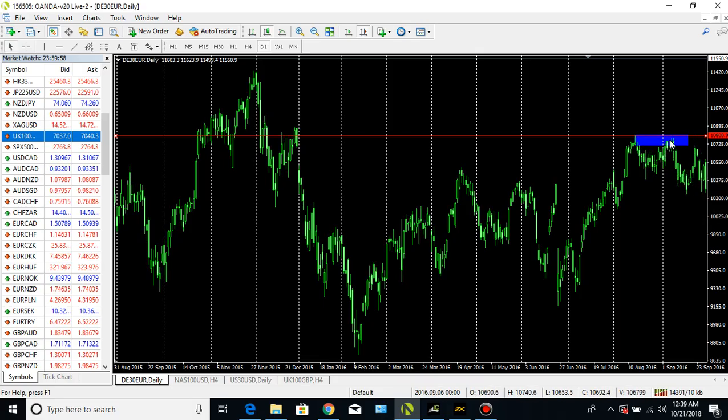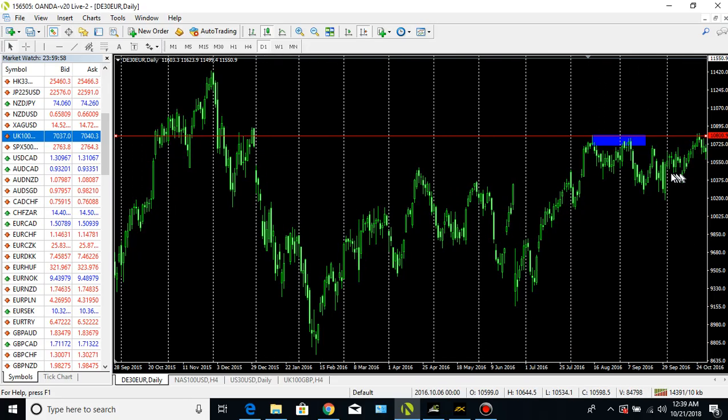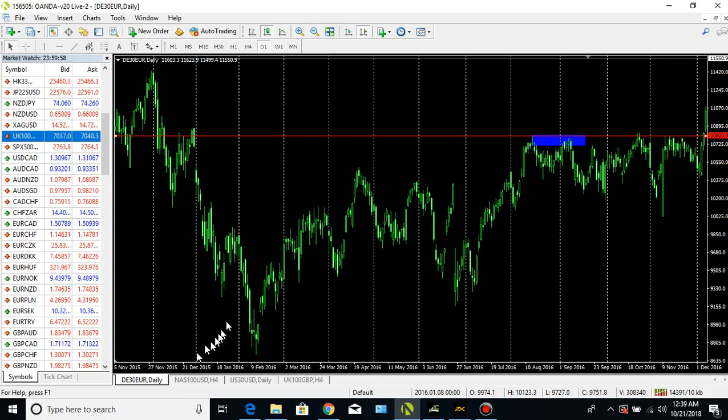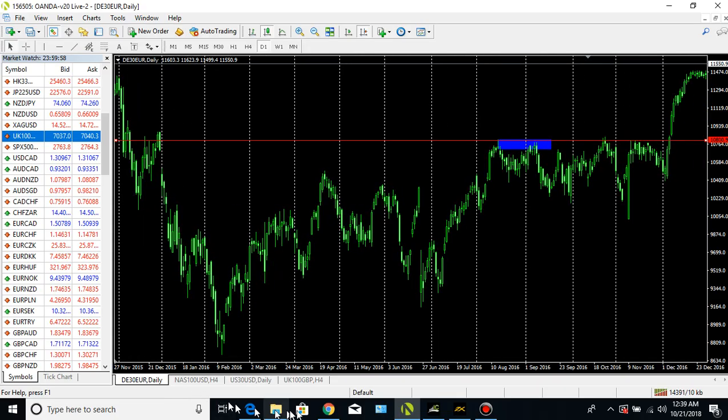On top of that, RP zone, bingo, you sell. And then what happened afterwards? You would have scored some good, how much was that? $550 on minimum lot. Can you see that? So you can see this thing works.